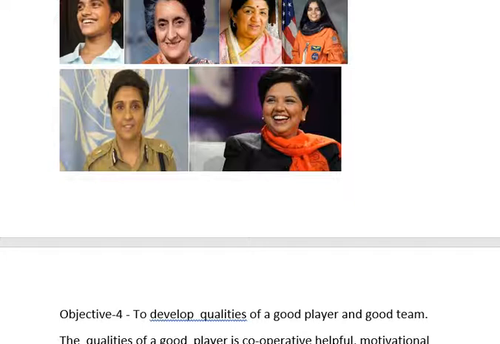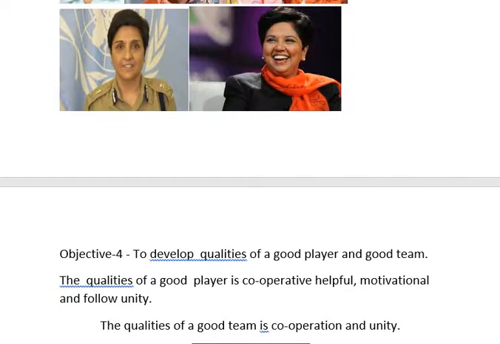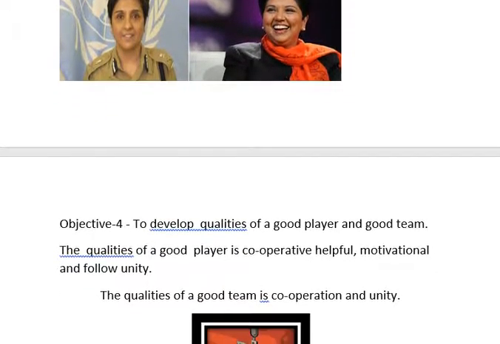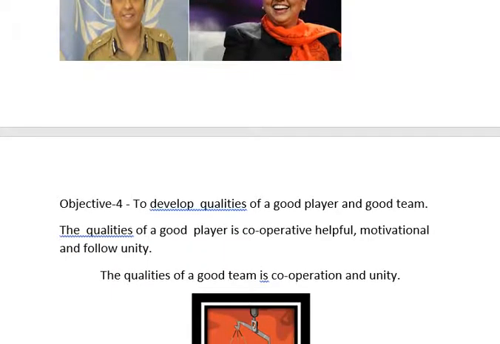And the fourth objective of this lesson is to develop the qualities of a good player or a good team. That means how we can develop, or what are the qualities of a good player or a good team.